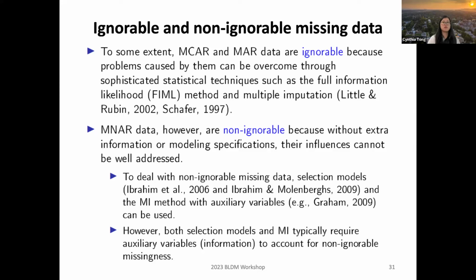And to deal with non-ignorable missing data, selection models and multiple imputation with auxiliary variables can be used. But both the selection model and multiple imputation typically require auxiliary variables or other information to account for the non-ignorable missingness.